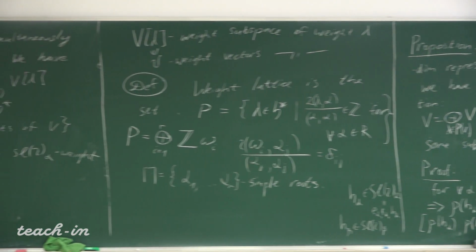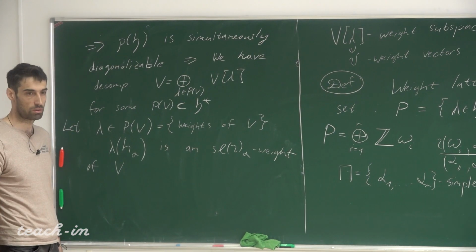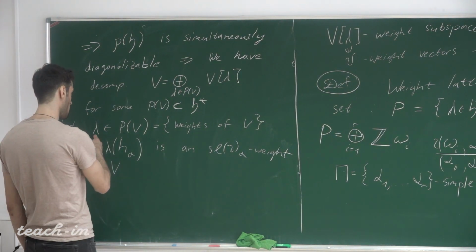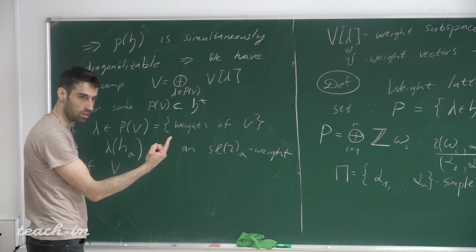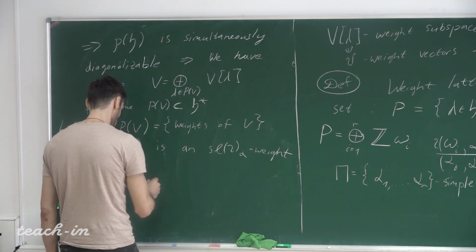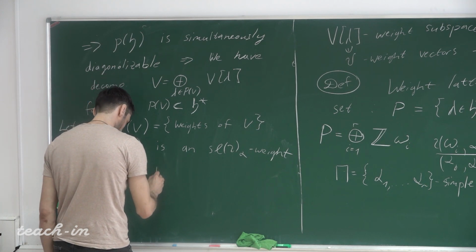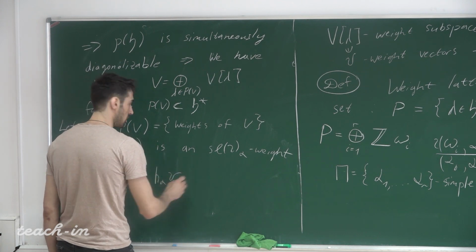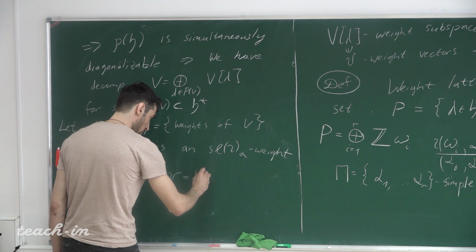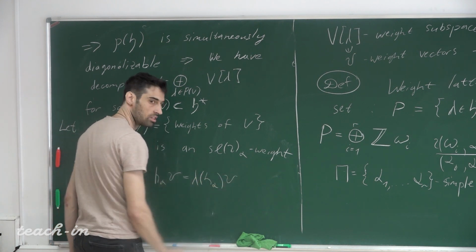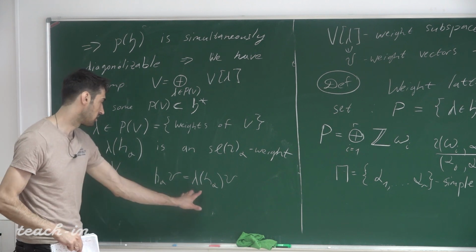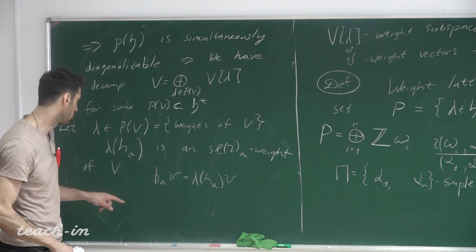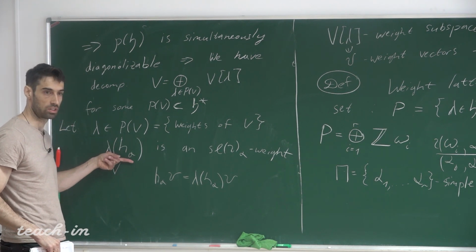All right. So this is an SL2 alpha weight. Why is that? Since lambda is some weight of V, by definition, if I take H alpha acting on V, I will get lambda of H alpha times V. So this thing is an eigenvalue of H alpha, and from the representation theory of SL2, we call this an SL2 weight.